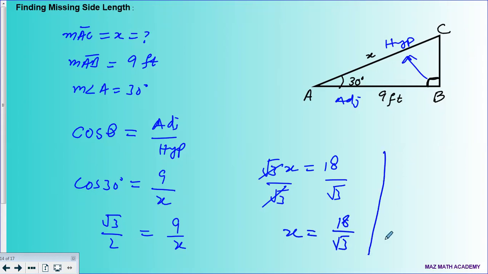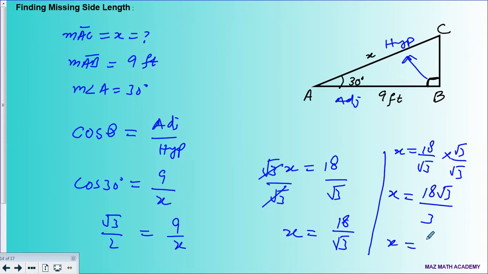Now this is the answer, but we need to remove the radical from the denominator, so we need to simplify it more. For this, we multiply and divide this fraction by square root 3. So we get 18 times square root 3 divided by 3, as square root 3 times square root 3 equals 3.